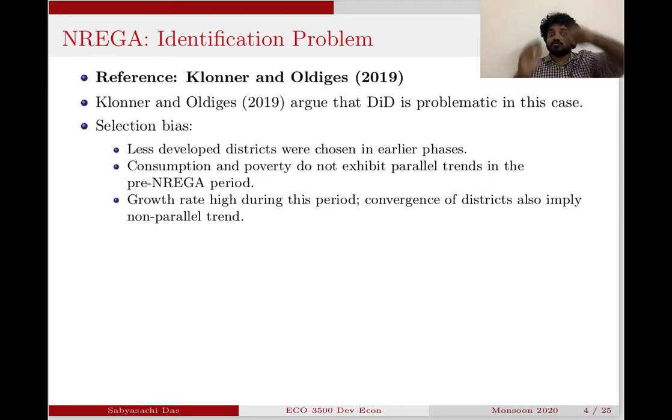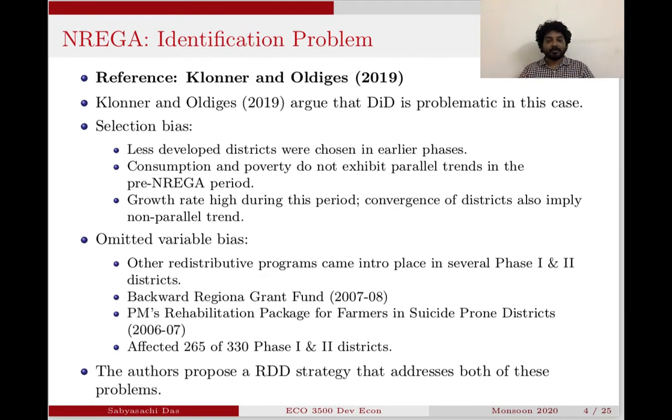Part of it, at least, could be this trend in reduction in the gap between the two groups, and therefore we cannot directly apply the difference in difference method here. So that's their first argument, that there is a selection problem. The kinds of districts that are selected into treatment are moving differentially than the control prior to the treatment.